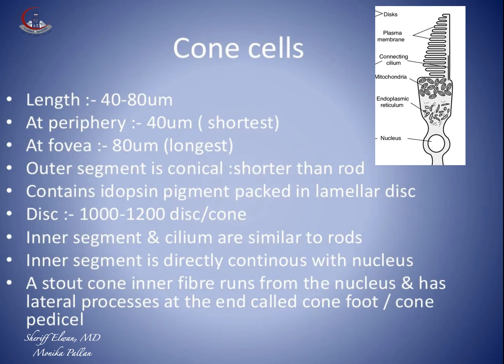The inner segment and cilium have a similar structure to the rods, and the inner segment is directly continuous with the area containing the darkly stained nucleus, and a stout cone inner fiber runs from the nucleus and has a lateral process at the end called the cone foot or cone pedicle, compared to the rounded area of the rod, which is called the rod spherule.